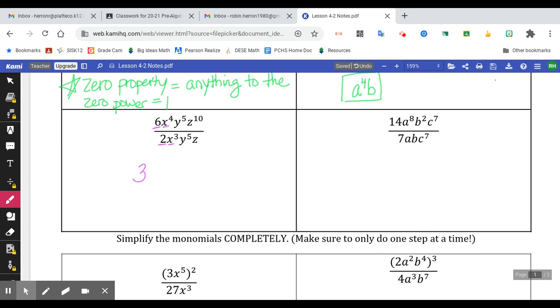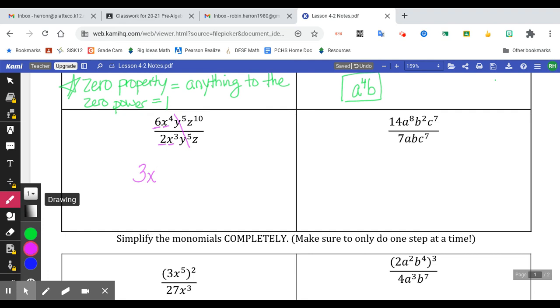So x is here. 4 minus 3 would just give me 1. Y's would be 5 minus 5, which would be 0. Okay, so I'm not going to write down y to the 0 because it just stands for a 1. So basically, these are like canceling out. It's just a 1. And if I put in here times 1, that's just going to still be 3. So it doesn't do any good for us to write anything of that down, okay?